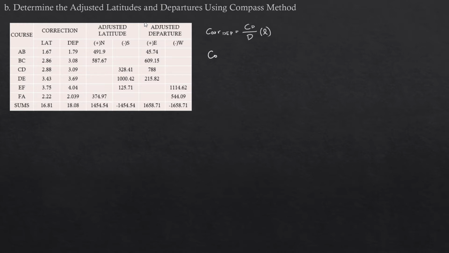Then correction sa latitude is equal to CL over D times L or length of course. Okay. So, yung CL natin is equal to summation ng north latitude plus summation ng south latitude.